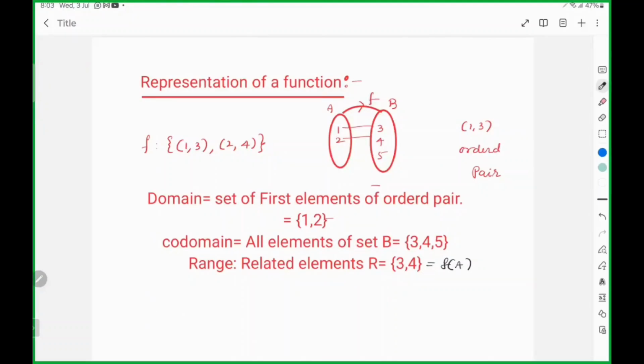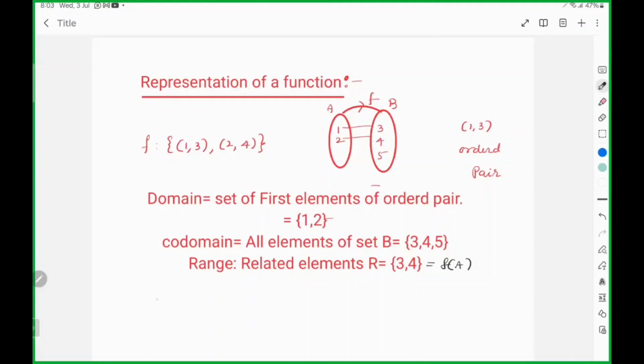Till now I discussed what a function is, what domain is, what codomain is, what range is, and how codomain and range differ.